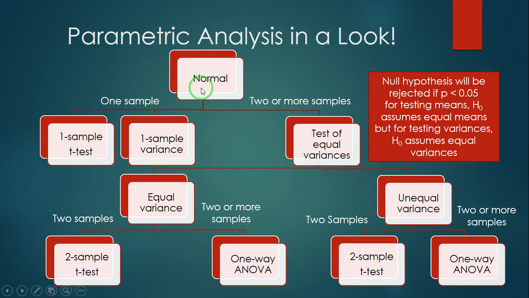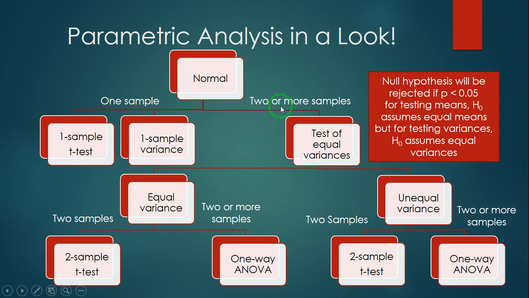So first you have to check your data for normality, and if your data are normal and you're going to compare the means, you can easily use a one sample t-test. And if you are going to compare the variances, just choose a one sample variance test.